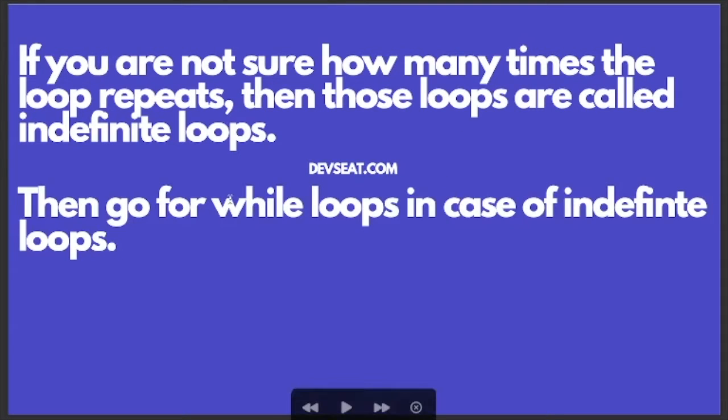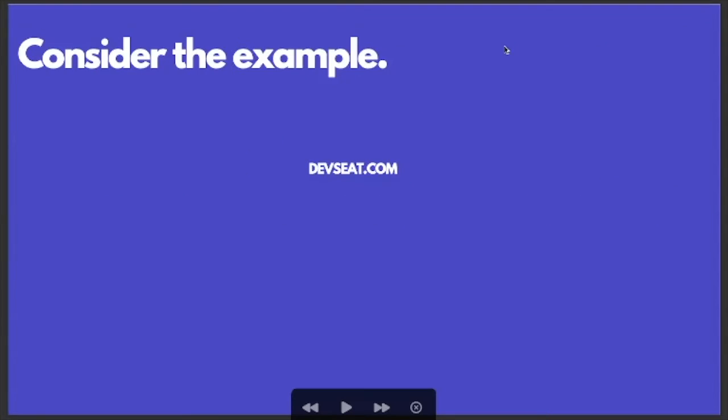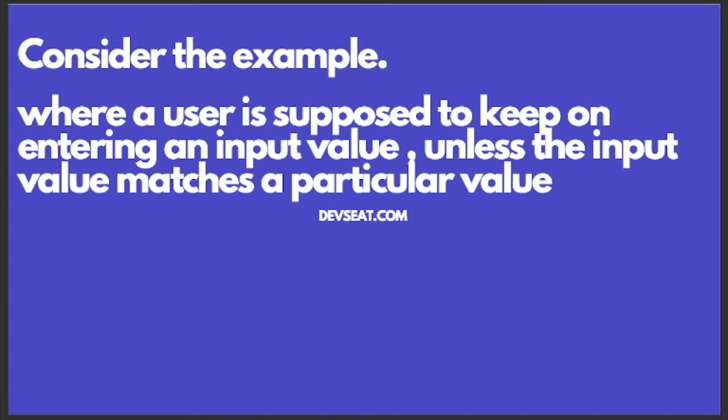So you need to go for while loops in case of indefinite loops. That means you don't know the number of iterations that you are going to make beforehand. Now consider this example where a user is supposed to keep on entering an input value unless the input value matches a particular value.